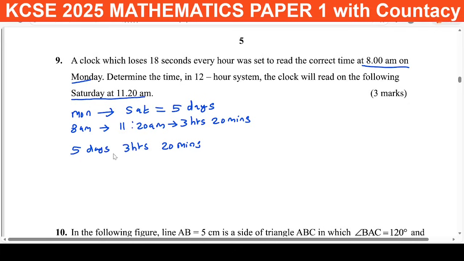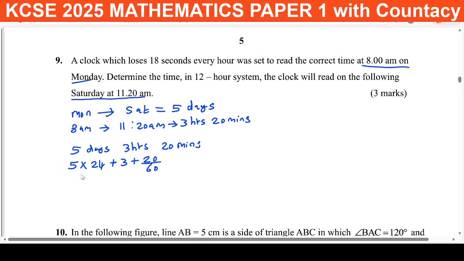So let's convert the 5 days into hours. We know that in a day we have 24 hours, therefore we multiply that one by 24. This one doesn't change much because it's already in hours. And then finally we have 20 minutes. To convert them to hours, we divide by 60.